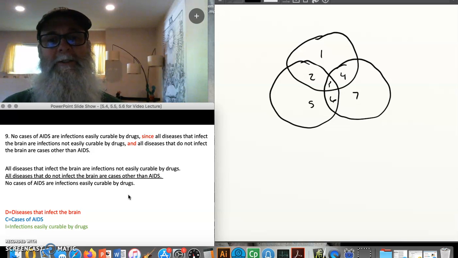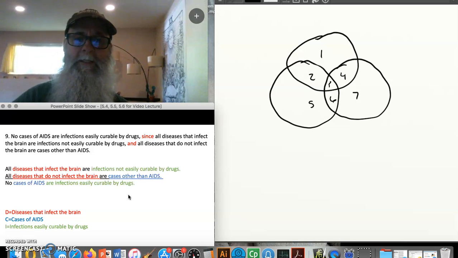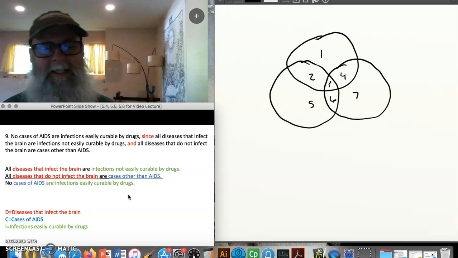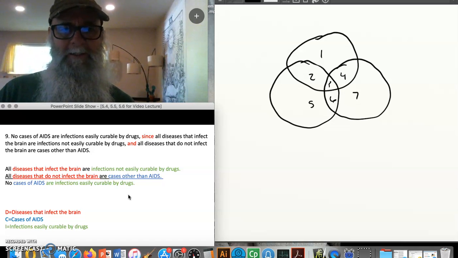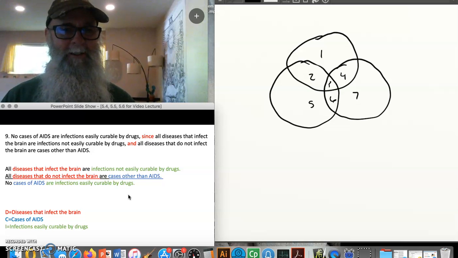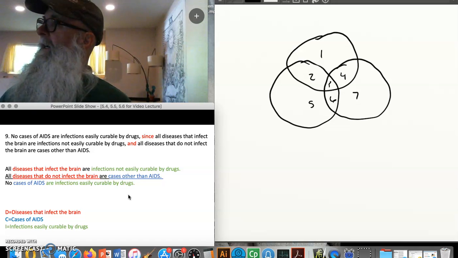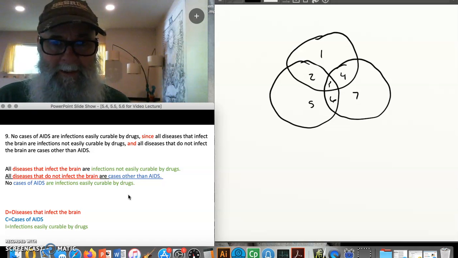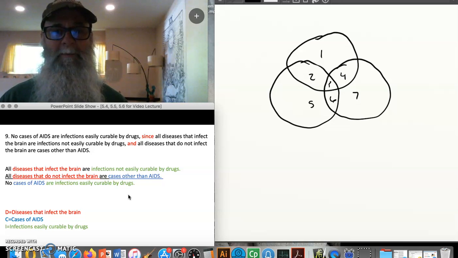But I have to identify my categories of countable things. Again, I've got some term complements going on here. I've got diseases that infect the brain and diseases that do not infect the brain, and that's really functioning like diseases that infect the brain and non-diseases that infect the brain. And similarly, cases of AIDS and cases other than AIDS are term complements of one another.